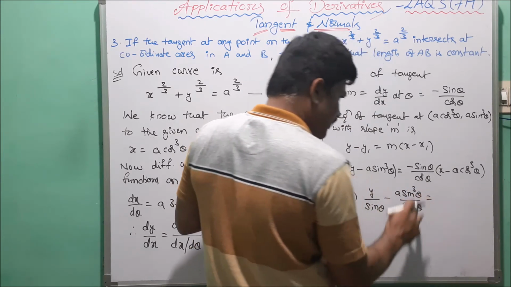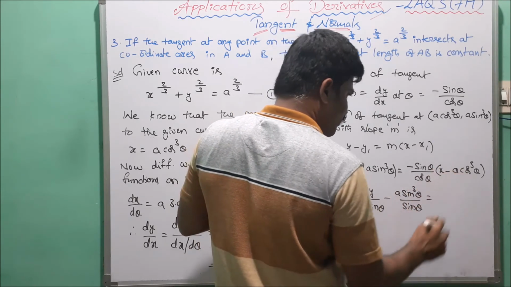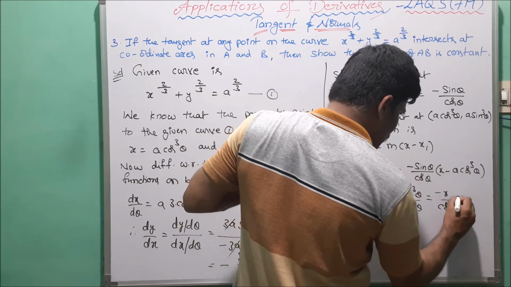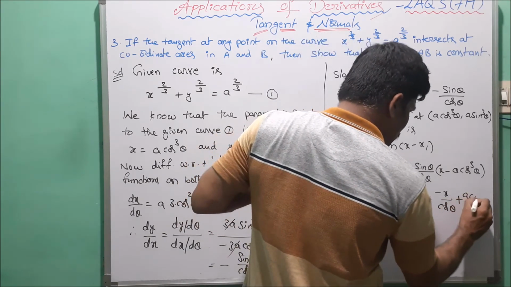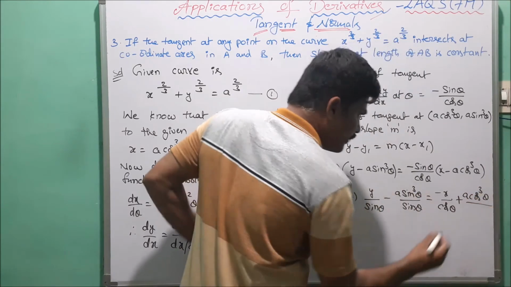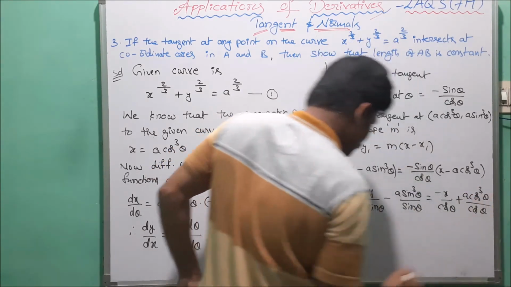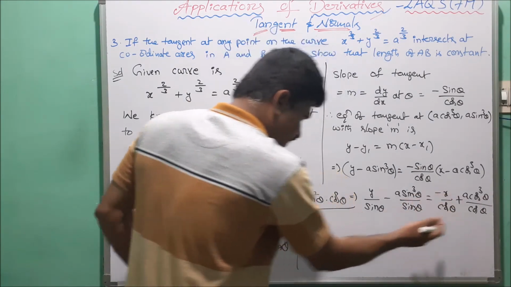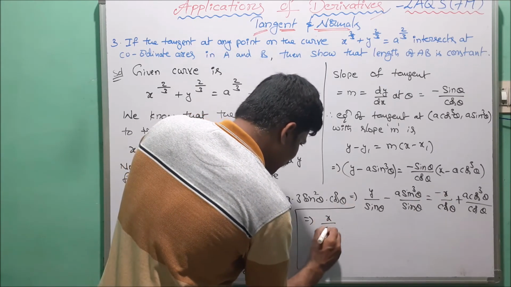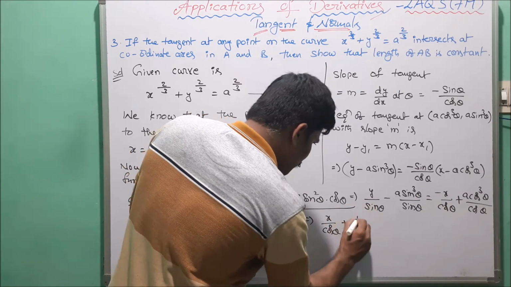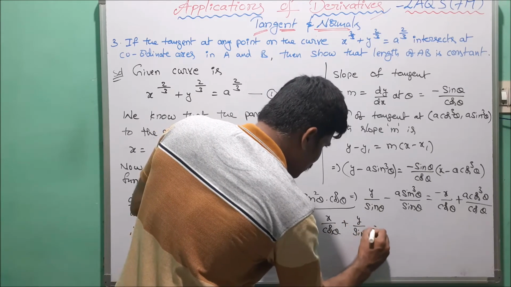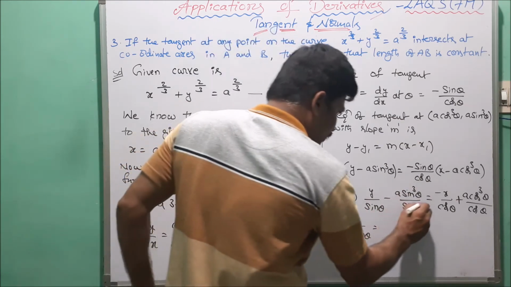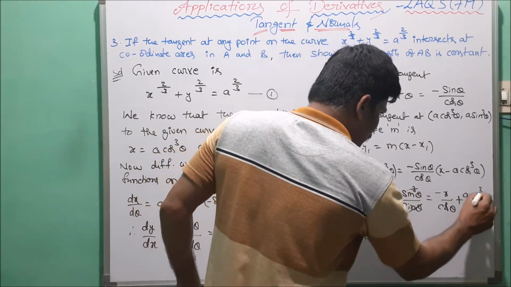On the right side also divide with cos theta, to x and a cos cube theta, and multiply with the minus also: minus x by cos theta, minus into minus plus a cos cube theta by cos theta. Now it can simplify: minus x by cos theta can be taken to the other side, that is plus x by cos theta, this is plus y by sin theta. Now we take to the right side this term a sin cube theta by sin theta. Here one sin will be cancelled, here one cos will be cancelled.